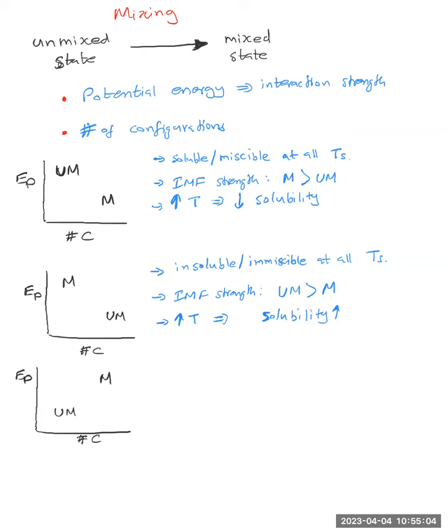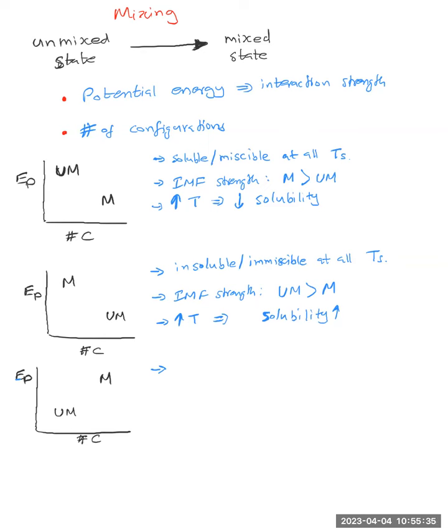Okay, if you have this situation, simply we can imagine the potential energy does not favor the mixed state, but the number of configurations favor the mixed state. Because number of configurations wise, the mixed state has a higher number of configurations than the unmixed state, but potential energy wise, the unmixed state has a lower potential energy than the mixed state, meaning the unmixed state is favored by the potential energy.